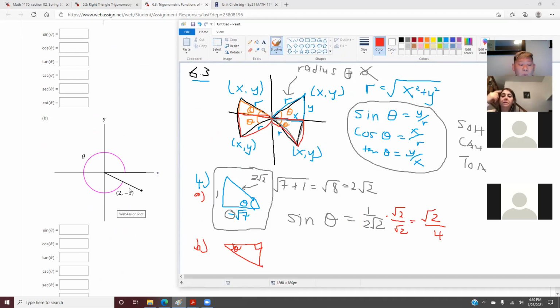Can someone tell me what your x coordinate is in this case? 2. And your y coordinate is -1. So you need to find your hypotenuse, or your radius, they call it r, which is the same as hypotenuse. You use the same Pythagorean formula you just did. So this is 2 squared plus 1 squared. So 2 squared is 4, 4 plus 1 is 5, right?